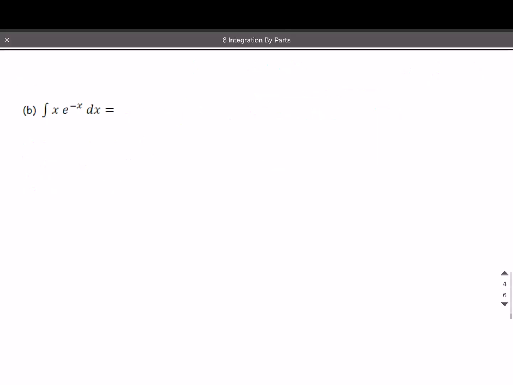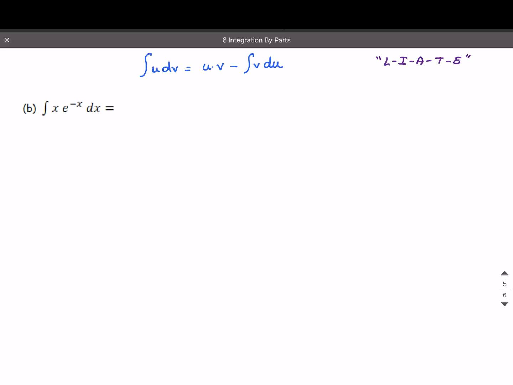Let's try another. Okay, so now we have the integral of x times e to the negative x. So the first thing we want to figure out is what is our u. Do we have a log? No. Do we have inverse trig? No. Do we have an algebraic function? Yes. We have x. So that's our u, which means du dx, the derivative of x, is 1, so du is just dx.